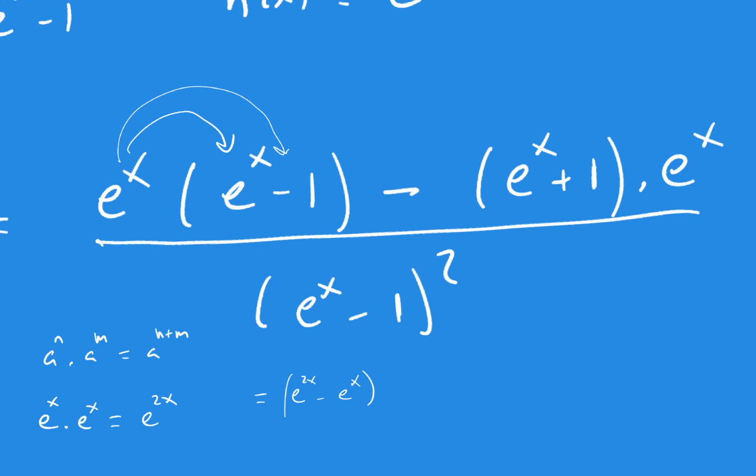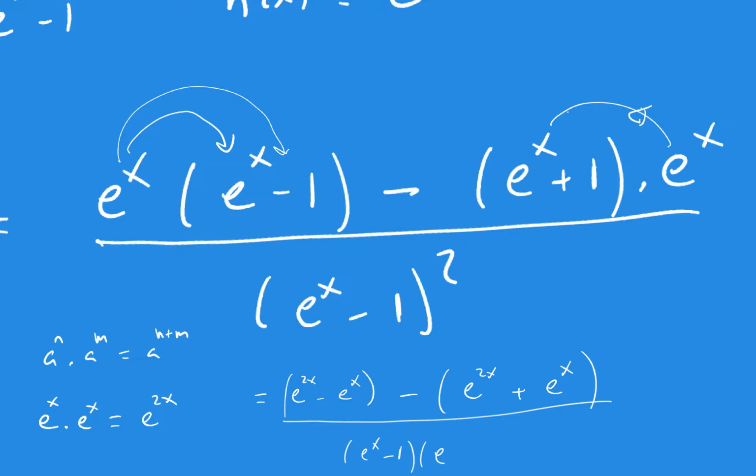Now I'm going to multiply this, also minus, open parenthesis, e to the 2x when I multiply this by this, plus e to the x. Now, minus e to the x and minus e to the x is minus 2 times e to the x, divided by e to the x minus 1 multiplied by e to the x minus 1.